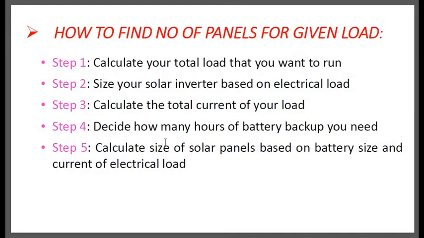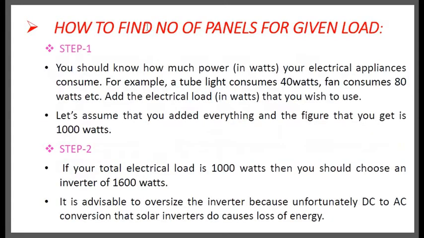Next step is decide how many hours of battery backup you need. Then step 5, calculate the size of solar panels based on the battery size and the current of the electric load. So these are the main 5 steps you have to consider during finding the number of panels.